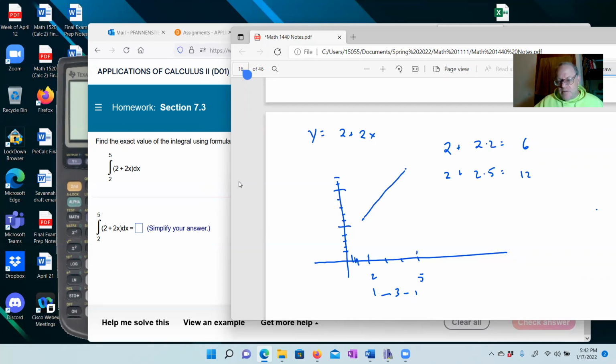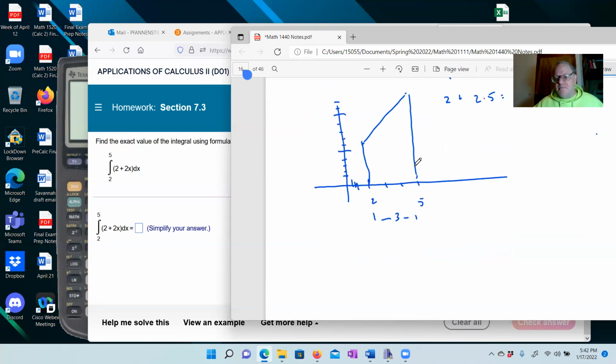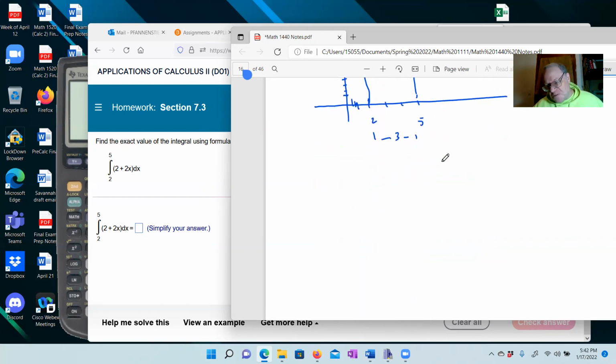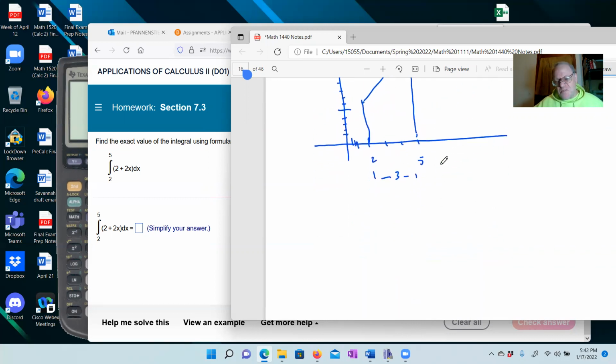So what we have here is a trapezoid. Do you remember the formula for a trapezoid? Of course you do. It's the first side plus the second side, divided by 2, times the length.